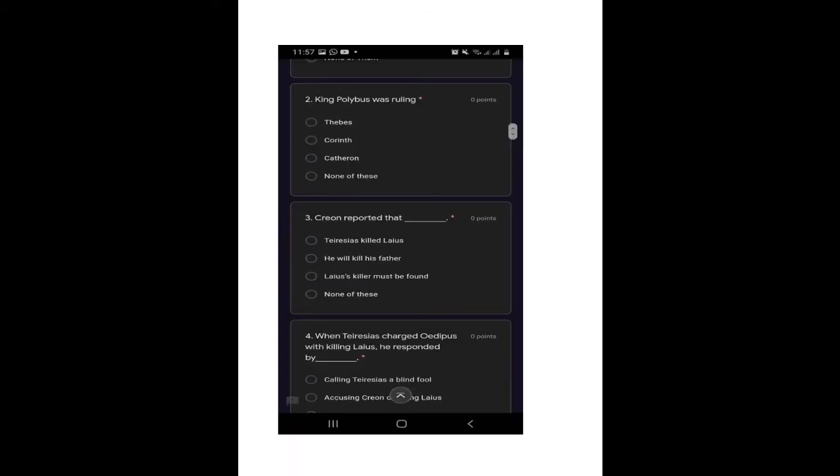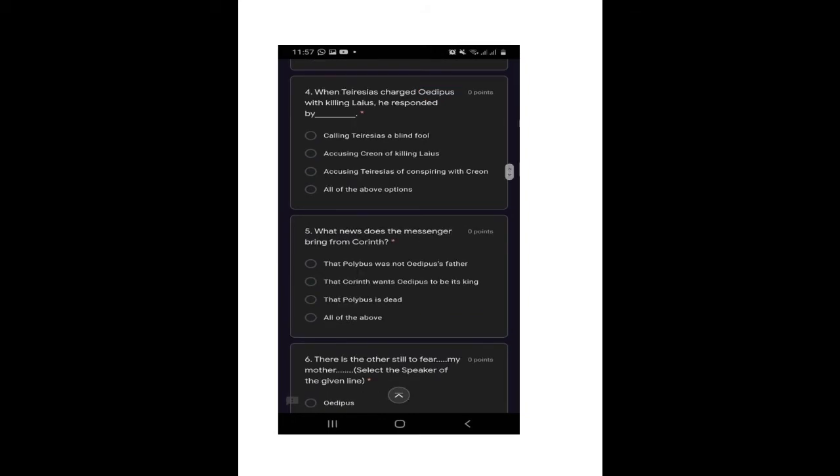Third MCQ is, Creon reported that, so the option is that Laius' killer must be found. Fourth one, when Tiresias charged Oedipus with the killing of Laius, he responded by, so here the option is all of the above are correct.